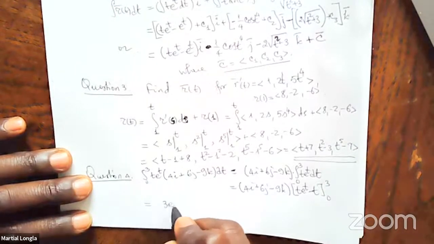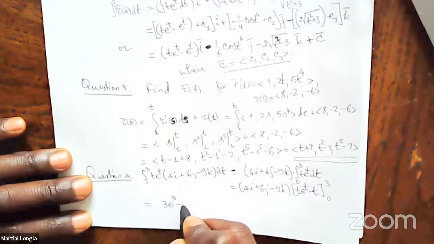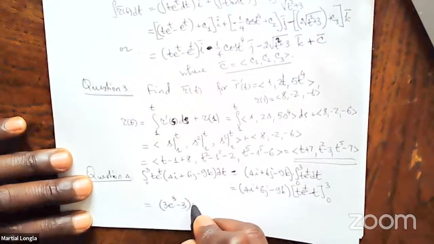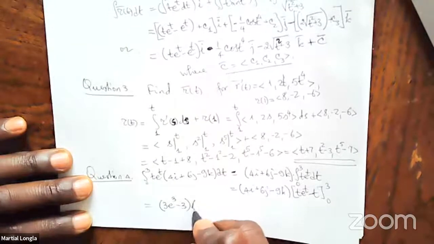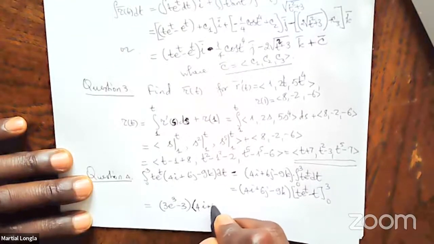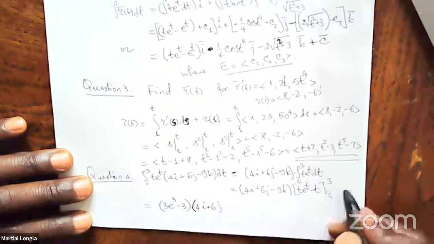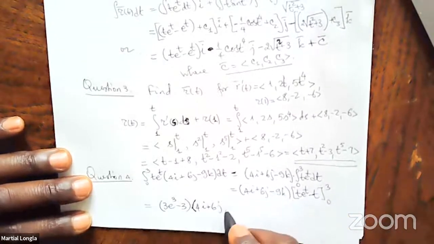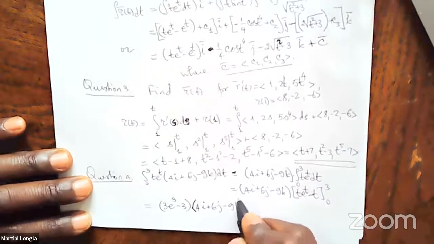And your final answer is going to be 3 e to the 3 minus 3 times 4i plus 6j. And that's because when you plug in 0, you get 0, okay? Minus 9k.